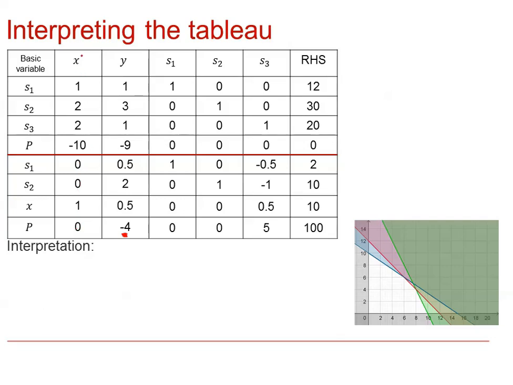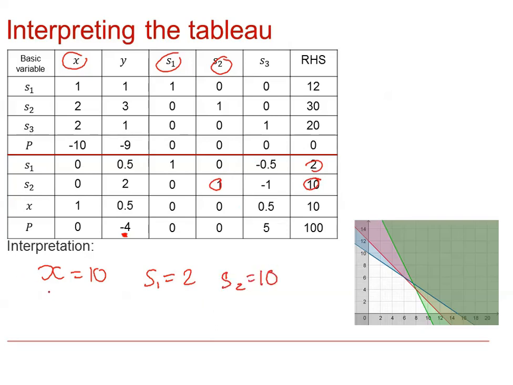So in this case, X, S1 and S2. So if we look at X, we can see that X must equal the right hand side, which is 10 at this stage. S1 must equal 2. And S2 must equal 10.